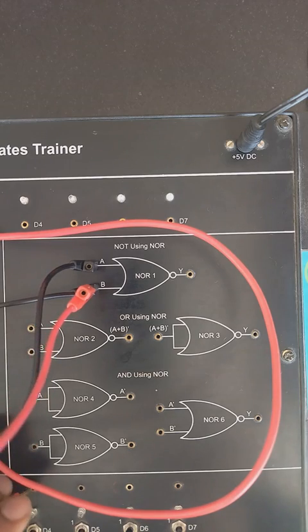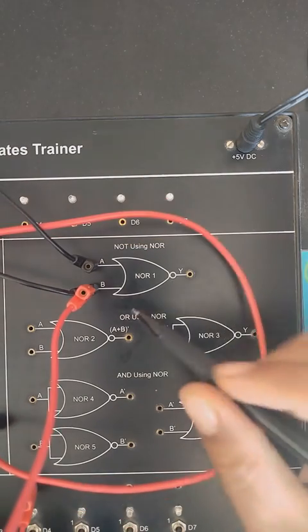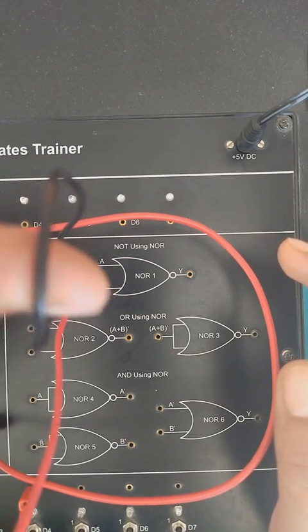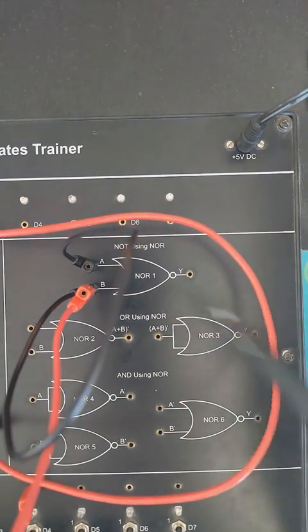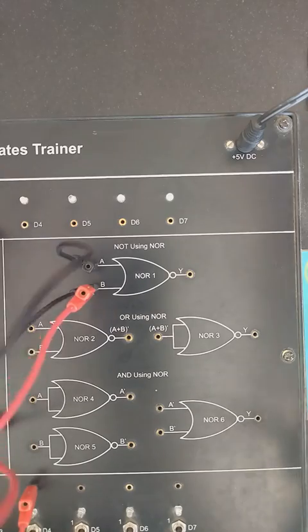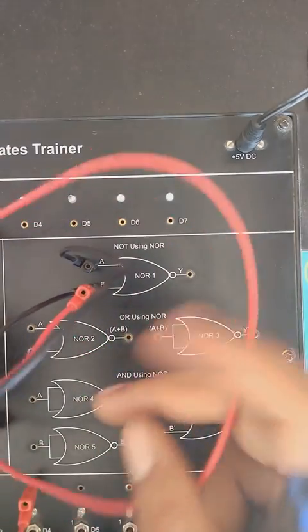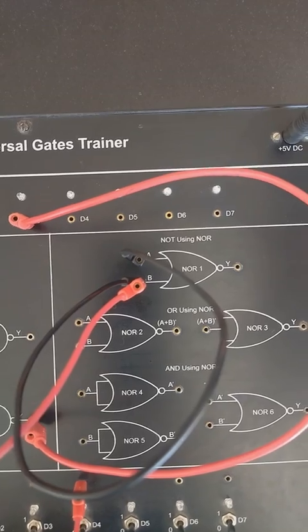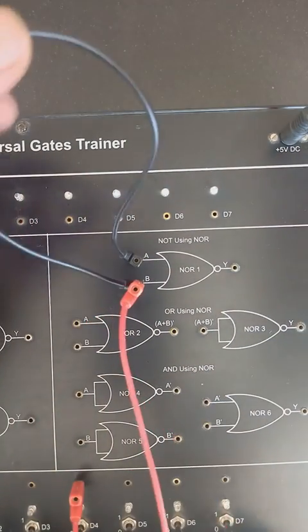Short both inputs by a single patch cord like this. Connect this to this, and this single input to this.